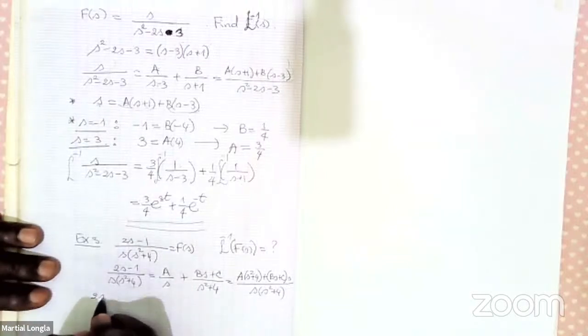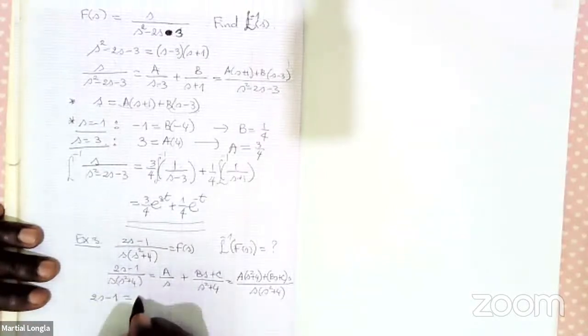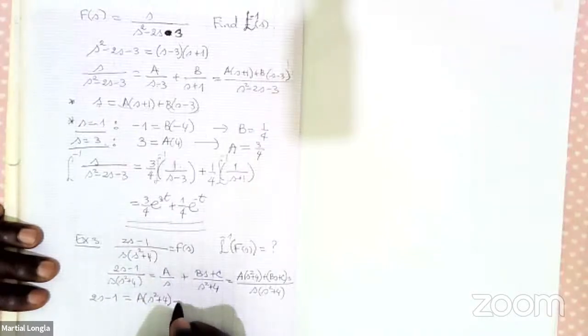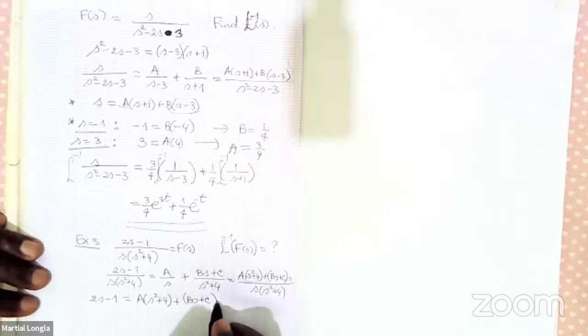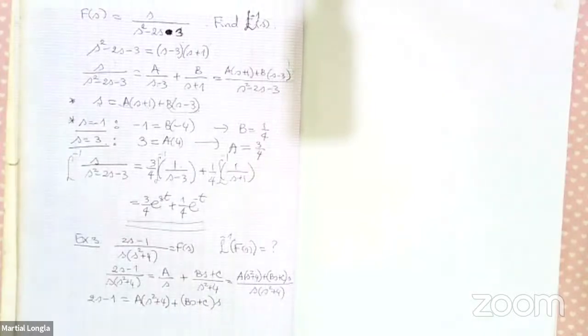You get 2s minus 1 equals a times s squared plus 4 plus bs plus c, and this bs is not Bachelor of Sciences, times s. So that's what you get.